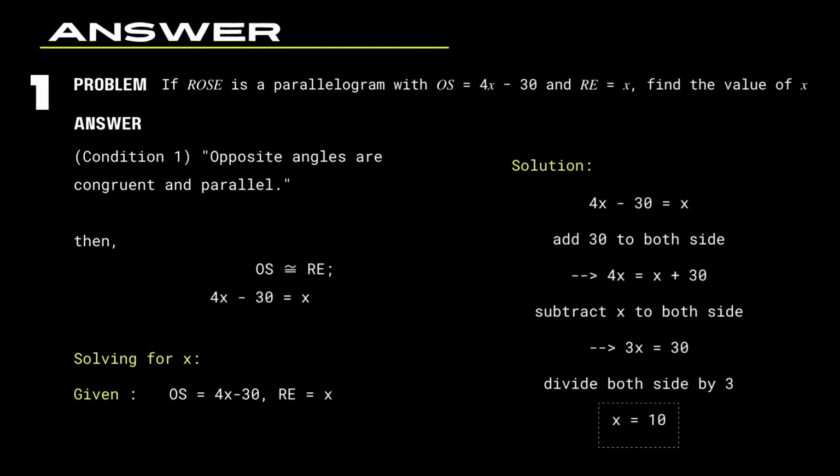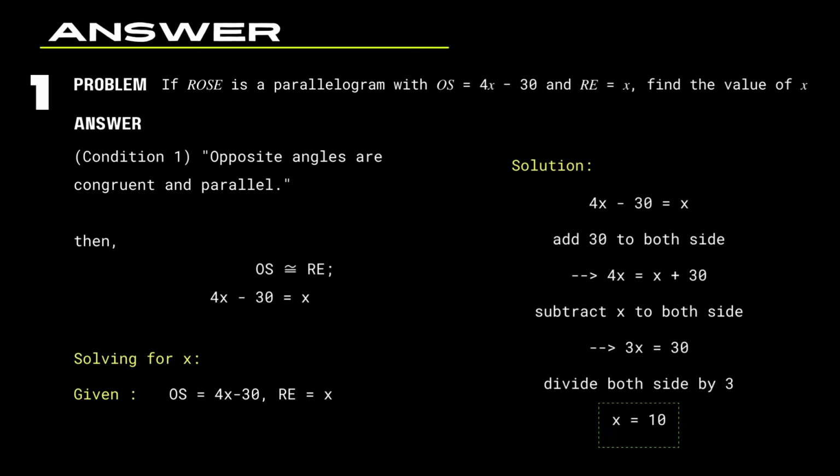Now, solving for x, given OS is equal to 4x minus 30 and RE is equal to x, we'll have the equation 4x minus 30 is equal to x. First adding 30 to both sides, we'll have 4x is equal to x plus 30.